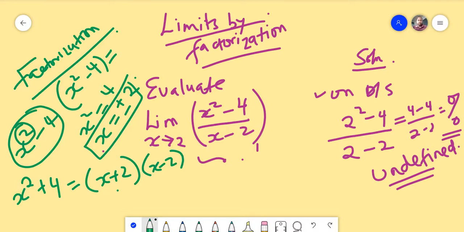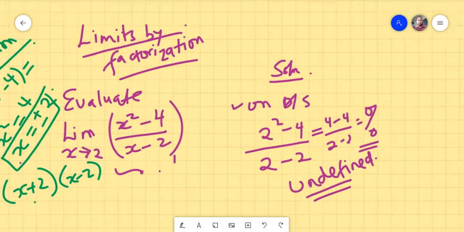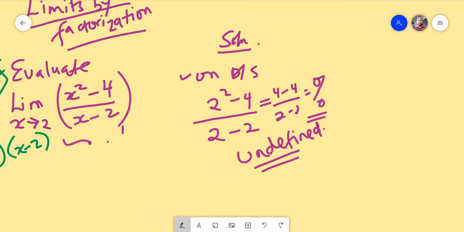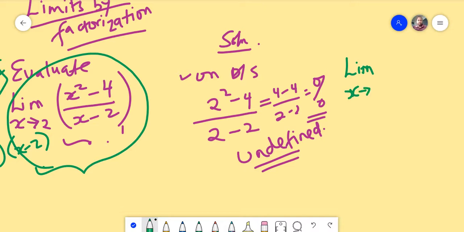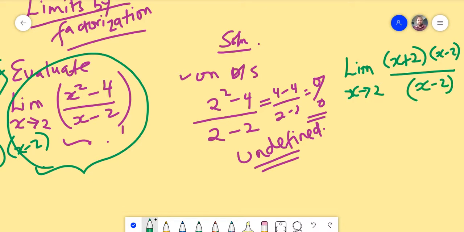So what that means in essence is that we can write this question in this form: the limit as x approaches 2 of x plus 2 times x minus 2 over x minus 2, isn't it? Before we substitute the value of x, we can see that in the numerator and the denominator there's a term that can cancel.